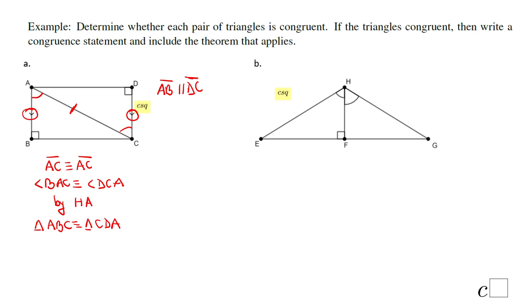Let's go to part B. We notice these two angles are congruent. They are marked the same. This is a common side, the common leg. So this is going to be leg angle congruence theorem. So I'm going to start with HF congruent with itself, the reflexive property. Very important to remember this name, especially when you write proof.